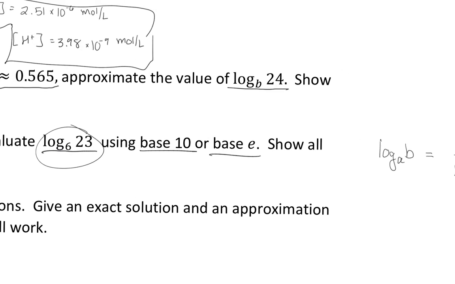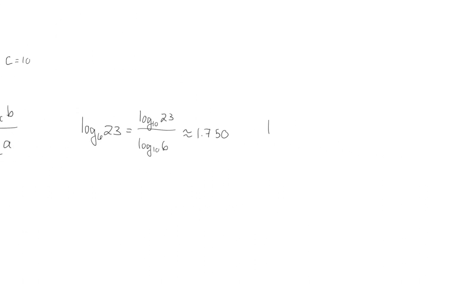Now, just to be thorough, it said base 10 or base e. So I'm going to do this for both and say, okay, well, what if I wanted it in base e, right? So log base 6 of 23. Here our new base is e. Now remember, log base e, that's just the natural log.